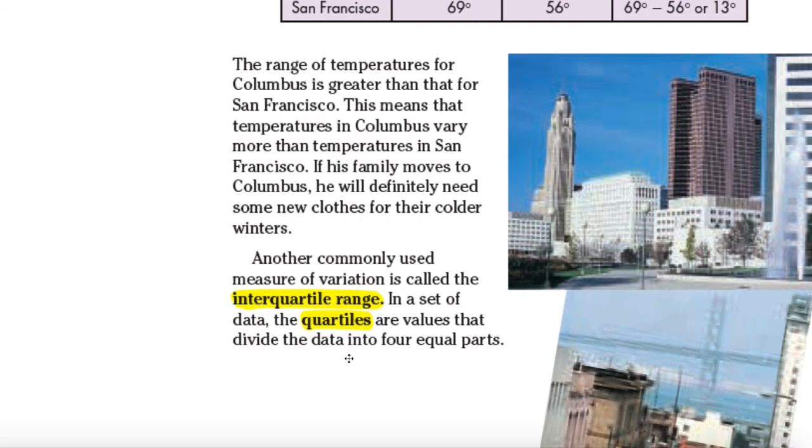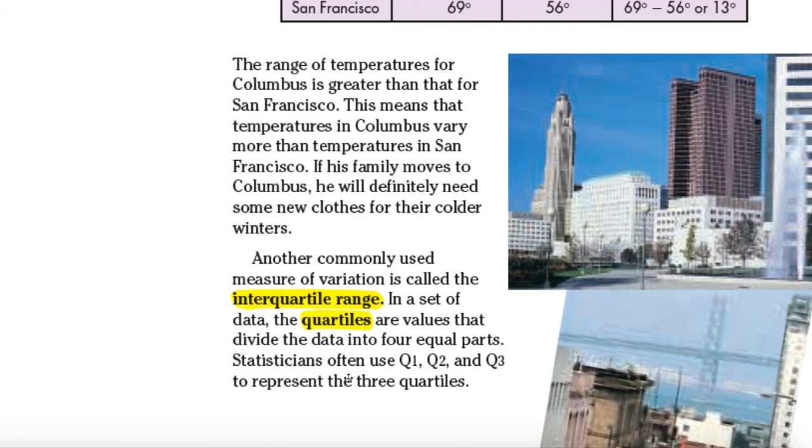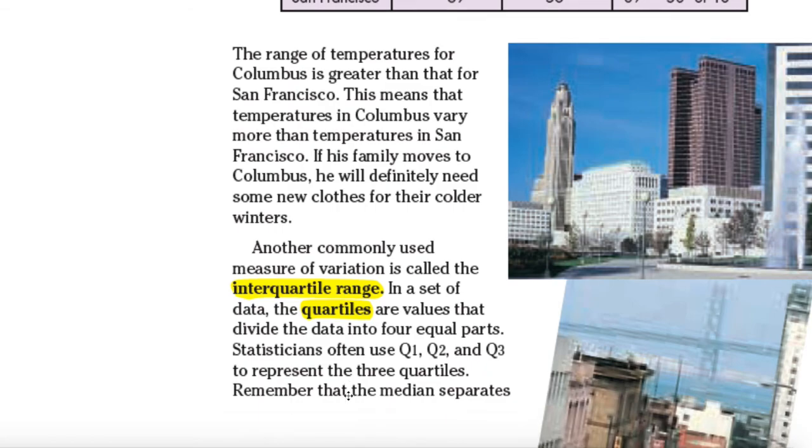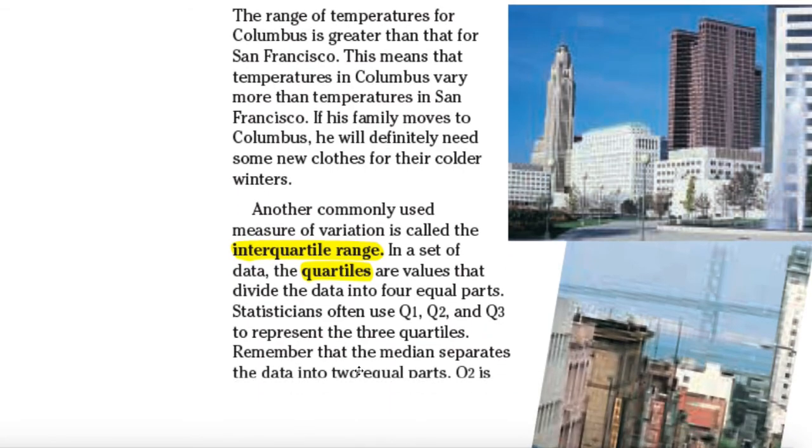Statisticians often use Q1, Q2, and Q3 to represent the three quartiles. Remember that the median separates the data into two equal parts. We learned this previously. Q2 is considered to be the median of the set of data.